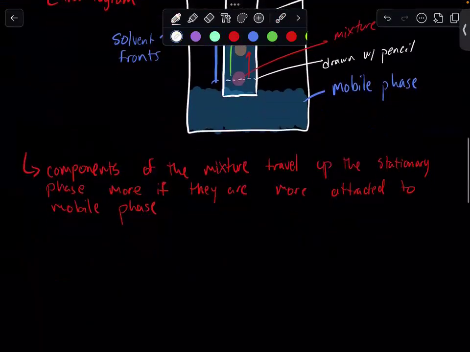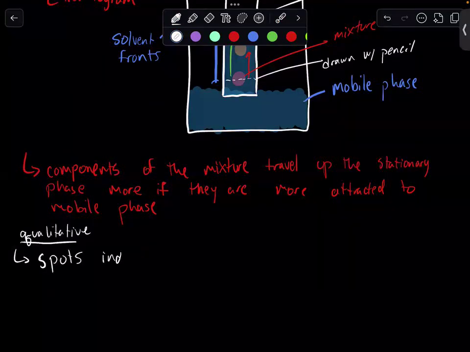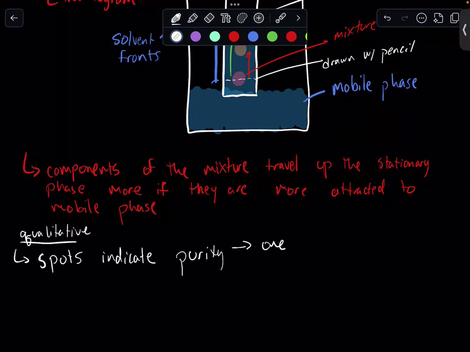So let's go over what we talk about with qualitative data. A couple things help us know this is qualitative. The spots indicate purity. They don't say how pure, but for example, one spot would be one substance, would be pure.